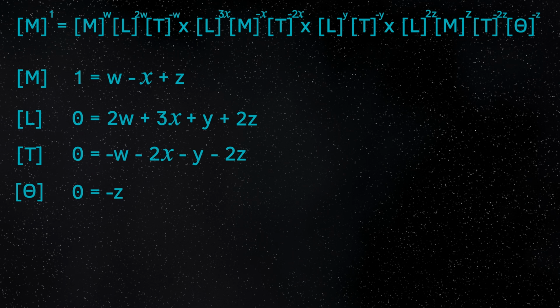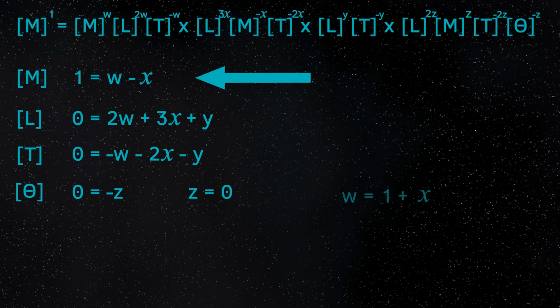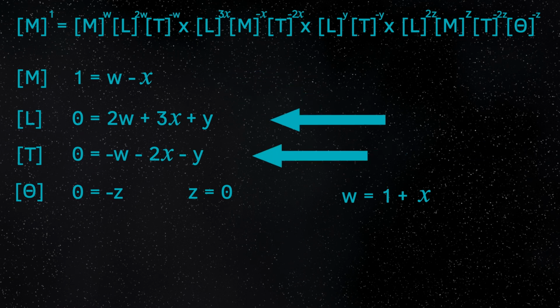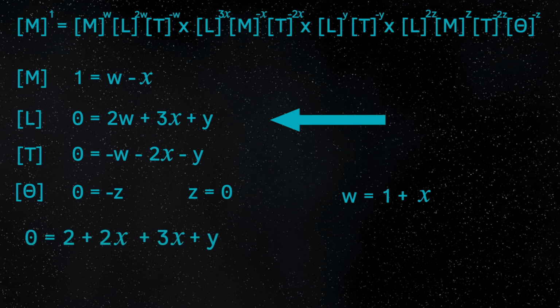Z therefore equals 0 again, and so we can get rid of the z terms. From this equation we can work out that w equals 1 plus x. So we can now substitute this into these two equations, and it gives us 0 equals 2 plus 2x plus 3x plus y. So therefore 0 equals 2 plus 5x plus y.